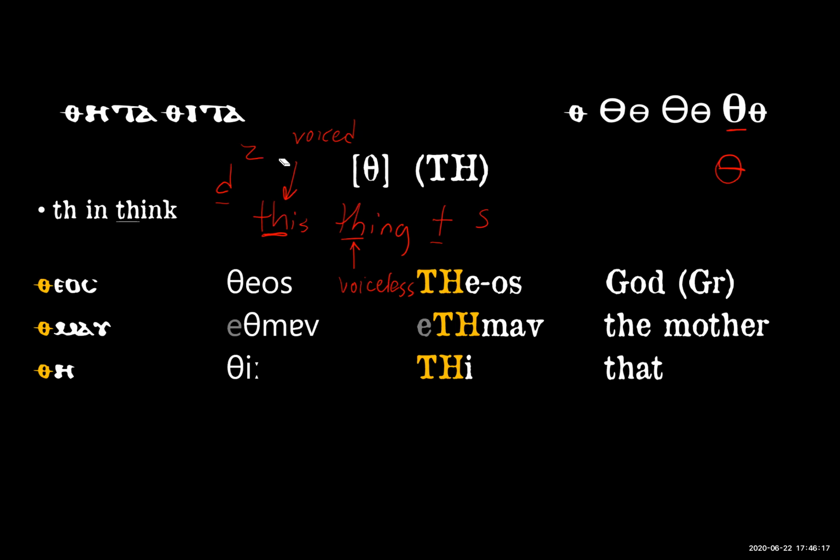So this letter always makes the voiceless th sound. So some examples. Theos, which is God. It's a Greek word. Thmav. Sometimes there's a jinkim here, so it'd be ethmav, but you could just say thmav. That means the mother. And then thi. Thi. That means that.